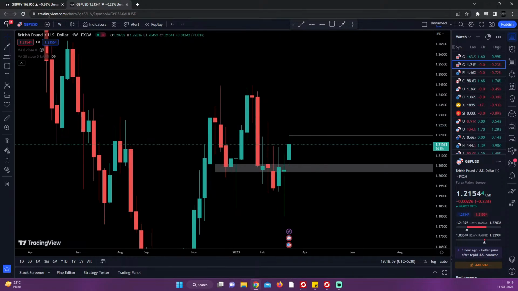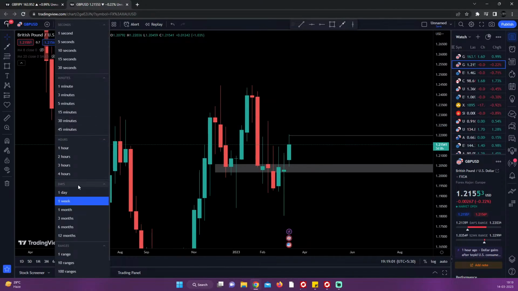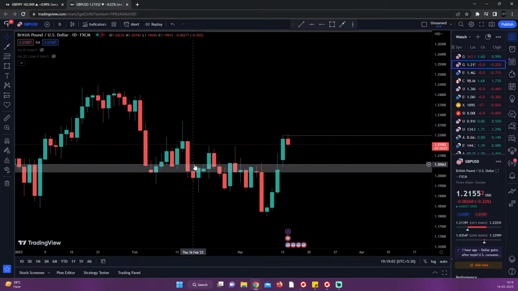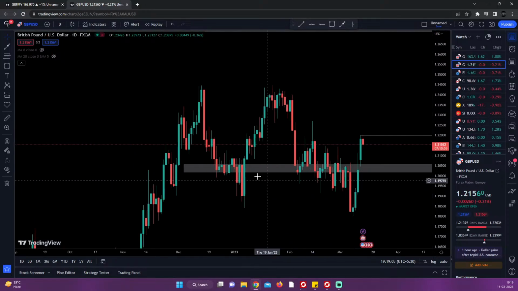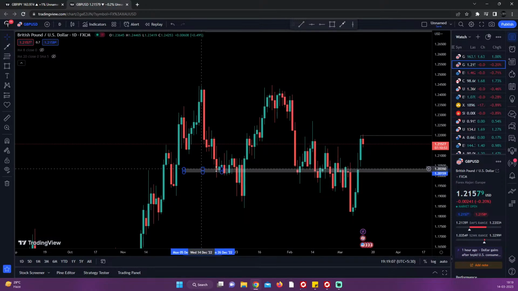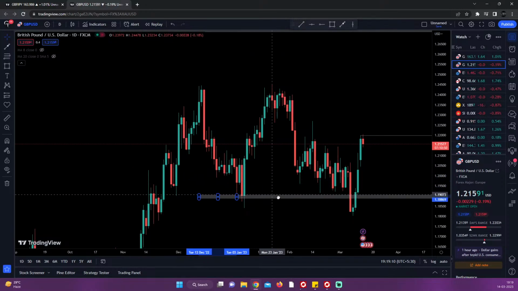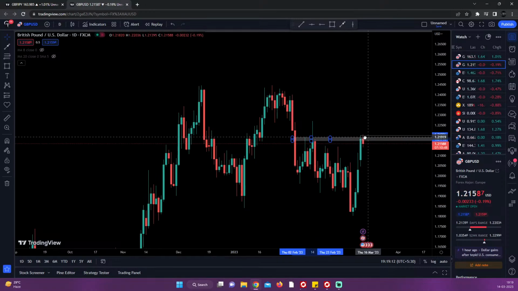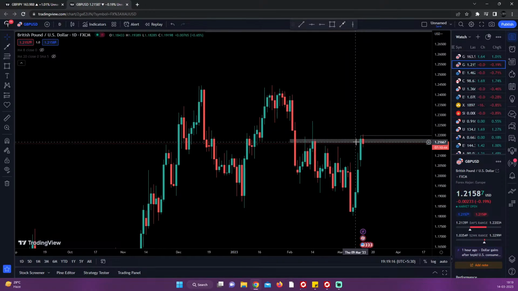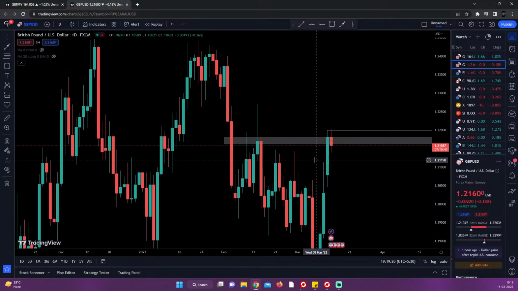But for a short term trading idea, I'm going to switch to the daily time frame. And if we look at the daily time frame over here, there is a strong level of resistance, and yesterday's candle did close above that area of strong resistance.